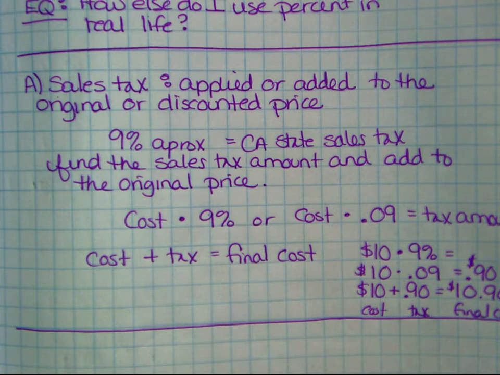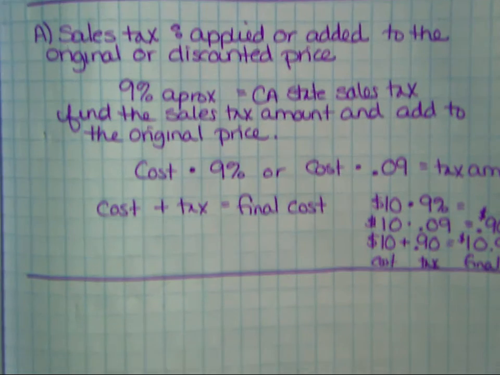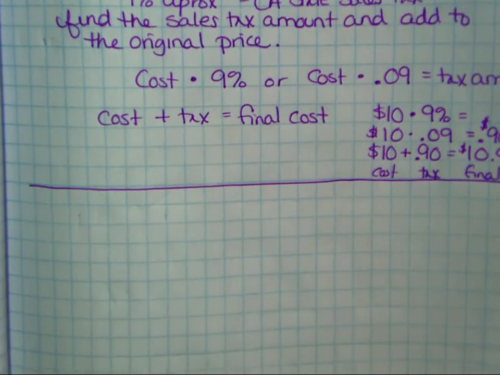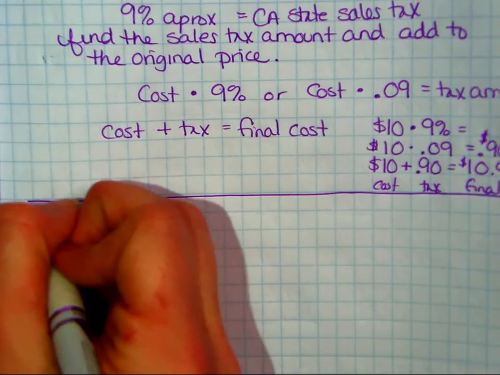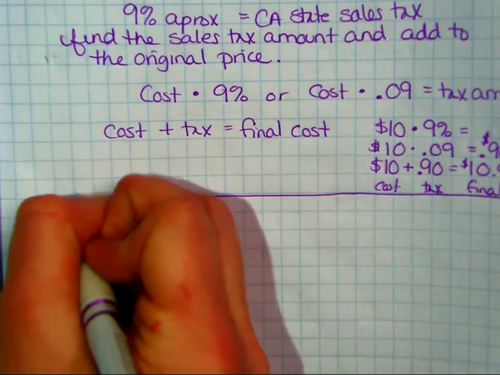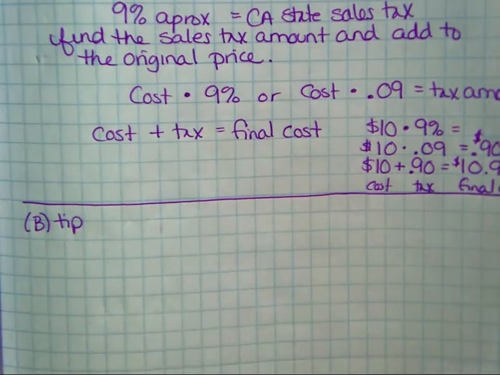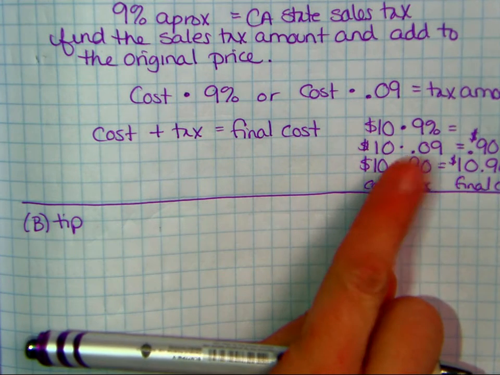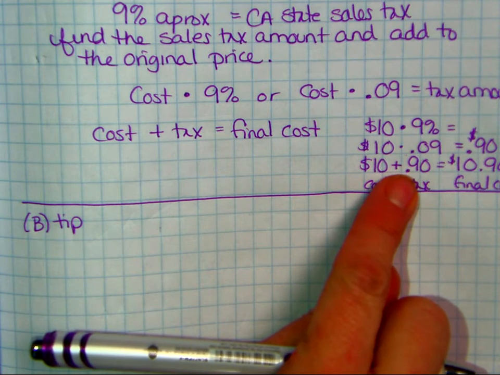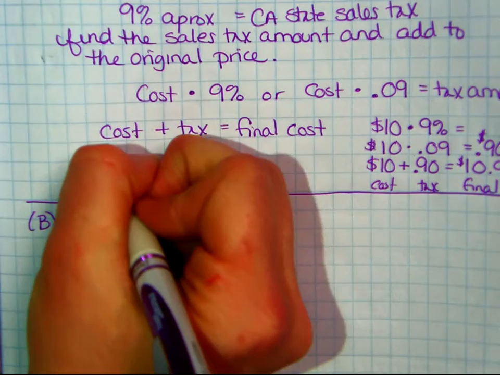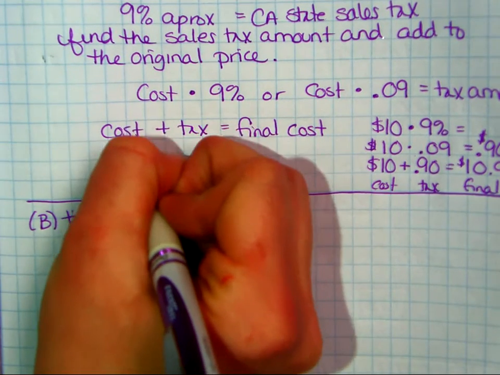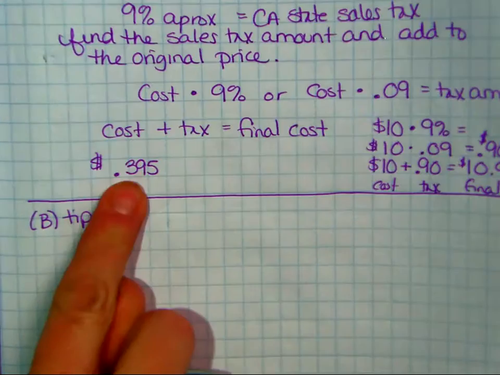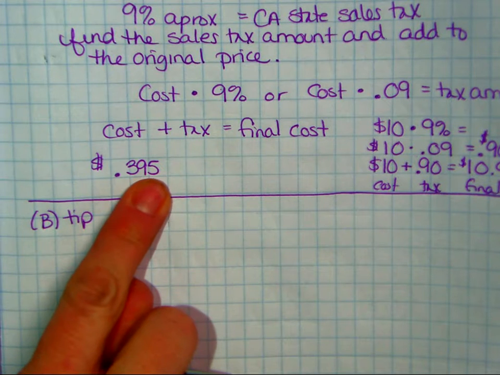The next example of a problem we're going to do is tip. By the way, before I start tip, if you end up with something that looks like 0.395, that is not proper money.